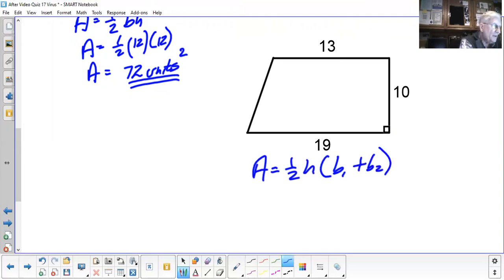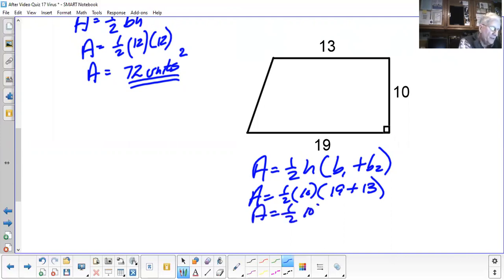So it will be 1/2 the height, which is 10, times the bases added together, 19 and 13. 19 and 13, of course, is 32. If I do half of 32, I get 16. I can do a half of either one of the numbers here. And 16 times 10 makes 160 square units of area.